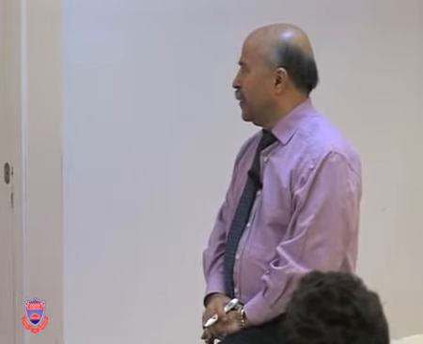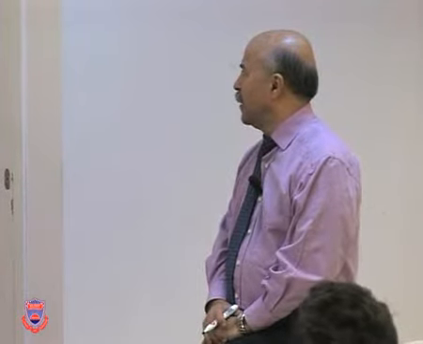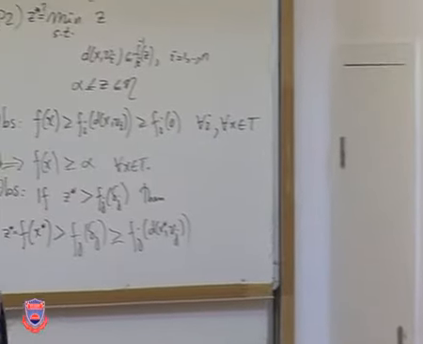So if Z star happens to be greater than eta, then the vertex that supplies the value of eta is a better solution. That's what you're saying. Yes. Okay, good.